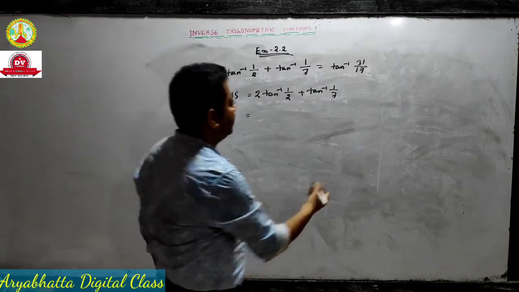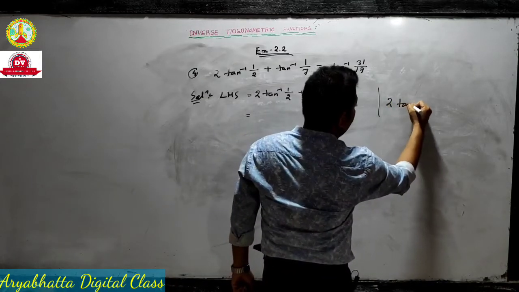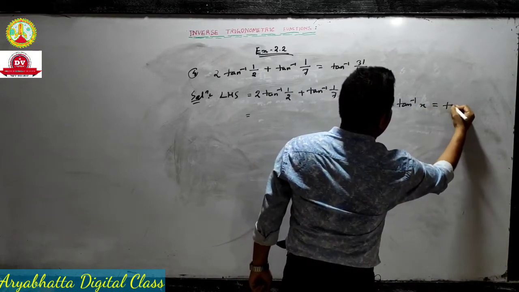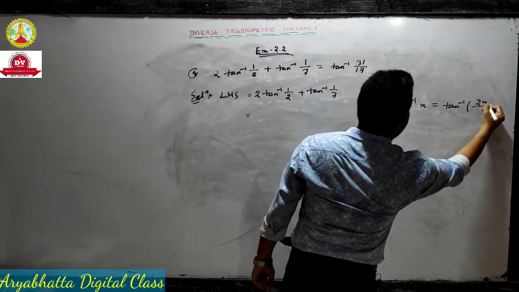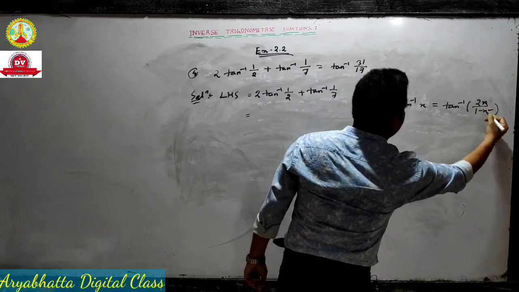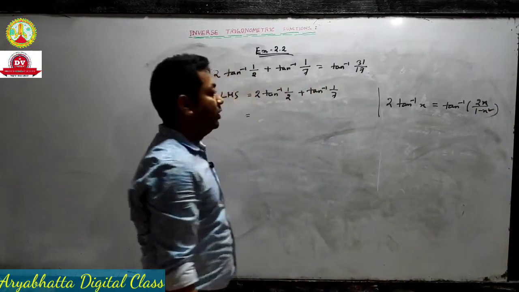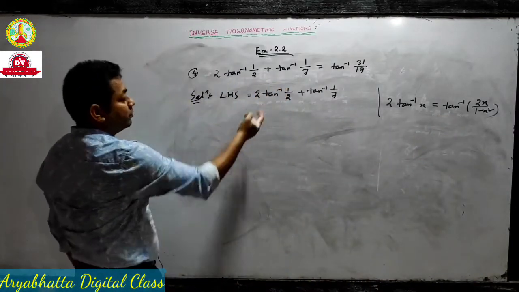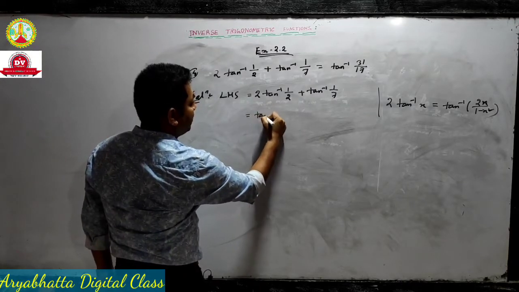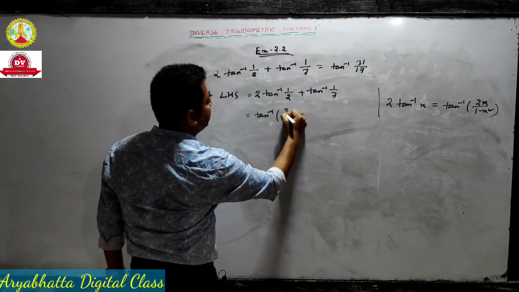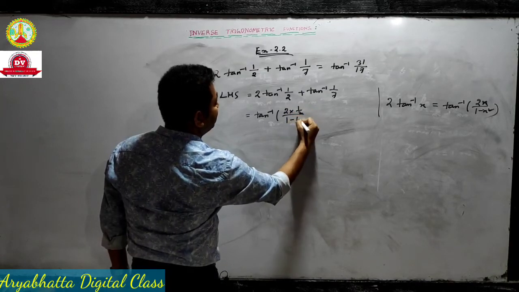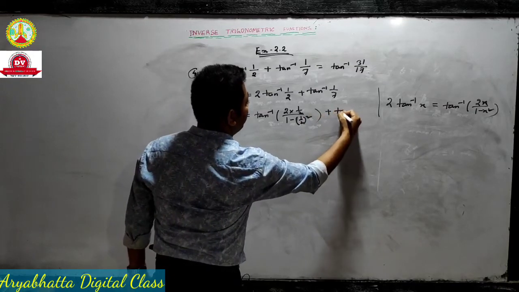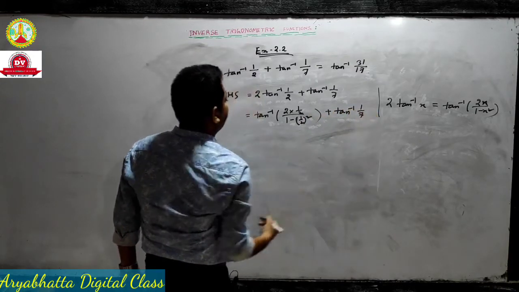We know that 2 tan inverse x is equal to tan inverse 2x divided by 1 minus x square. Already we have learned this in the previous class. Therefore, this is equal to tan inverse of 2 into 1 by 2 divided by 1 minus 1 by 2 whole square, plus tan inverse 1 by 7.